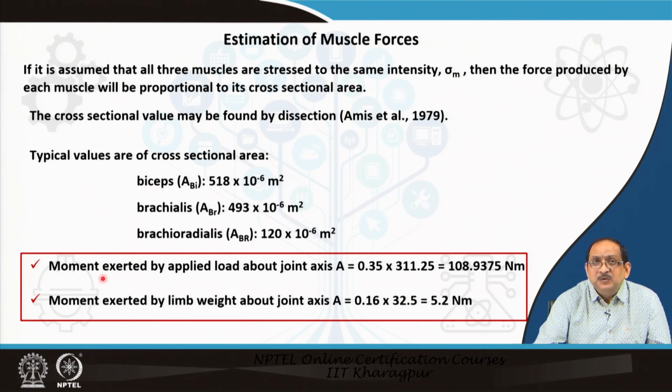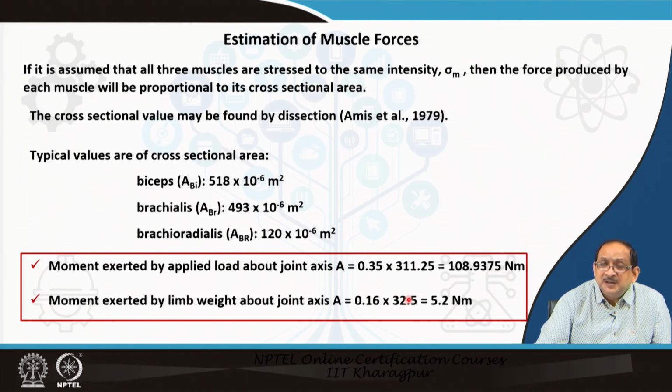But before that, we first calculate the moment exerted by the external loads. The external loads are the applied load, so the moment is calculated by multiplying the load with the distance from the joint axis A, which gives the moment exerted by the applied load as 108.93 Newton meter.